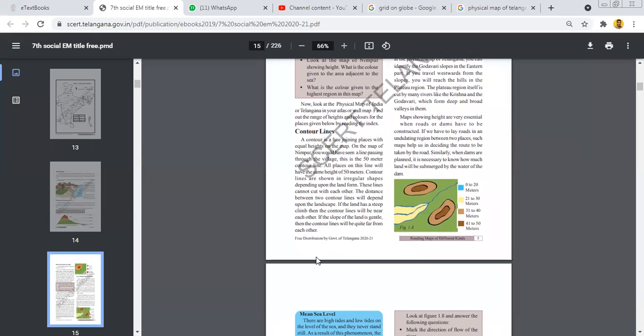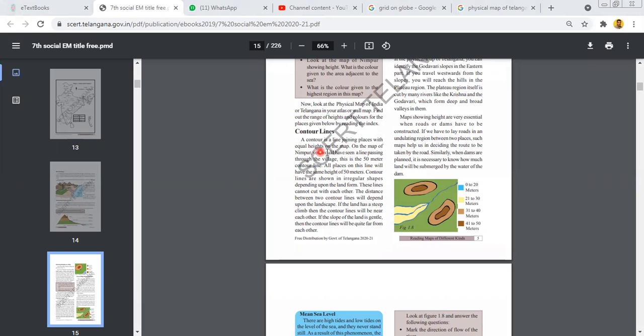So contour line is a line joining places with equal heights on the map. Already in the previous picture we have taken a 50 meters height line.